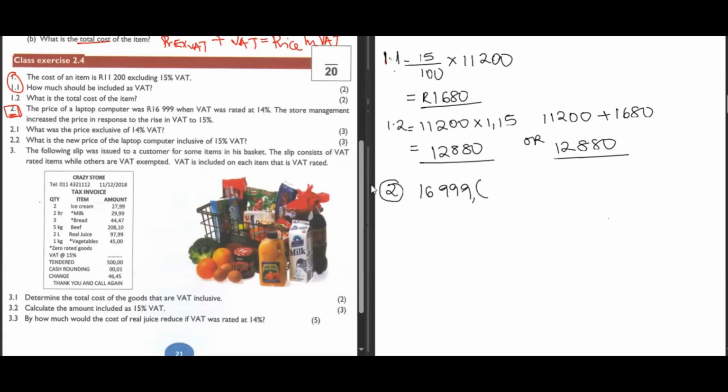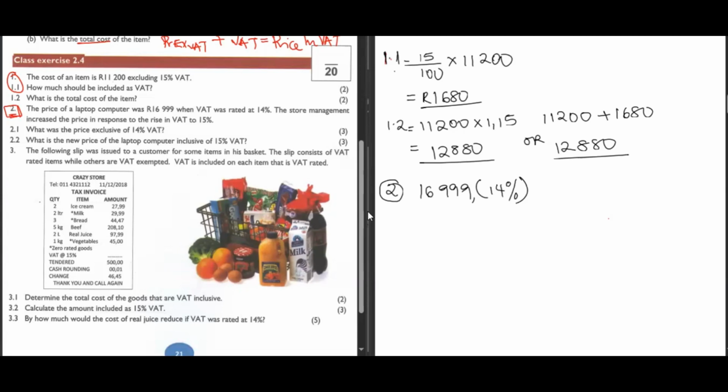Remember, this was at 14%. I'm reading the question and summarizing it at the same time. The store management increased the price in response to the raise in VAT to 15%.